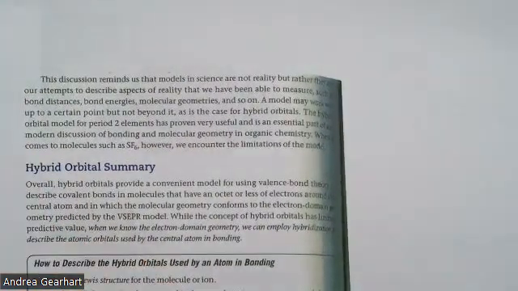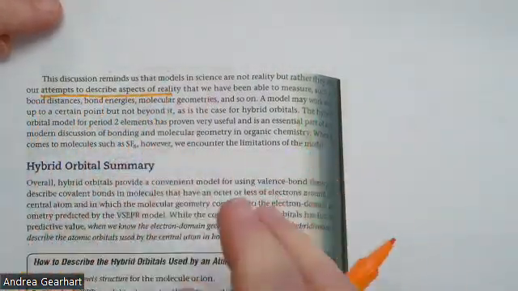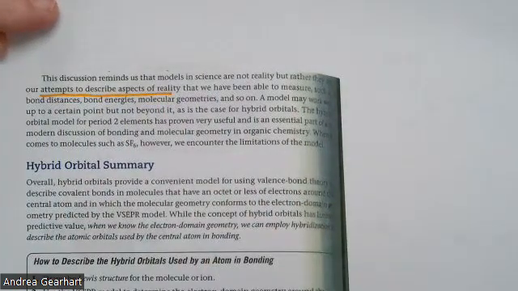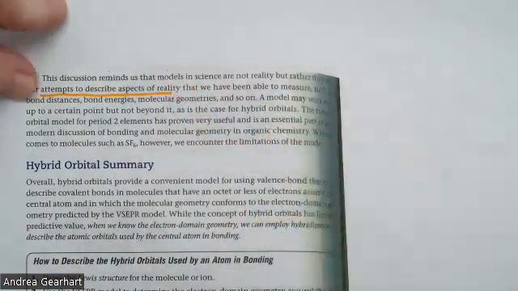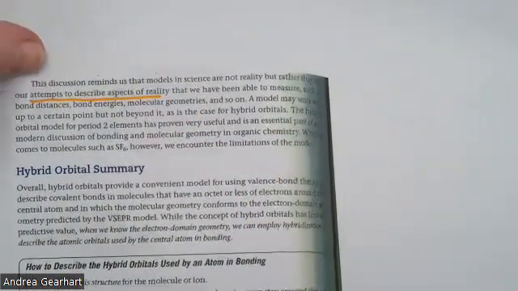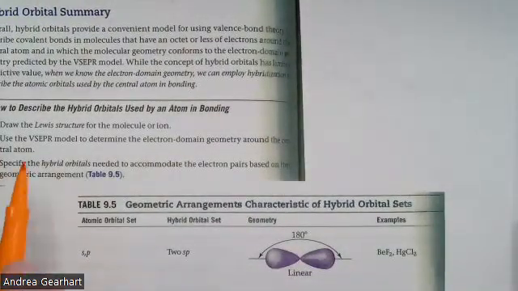Hybridization is our creation. It's our attempt to try to explain why things are as they are. This is a little confusing, and we know that, but this does connect for us why we get our different geometries.